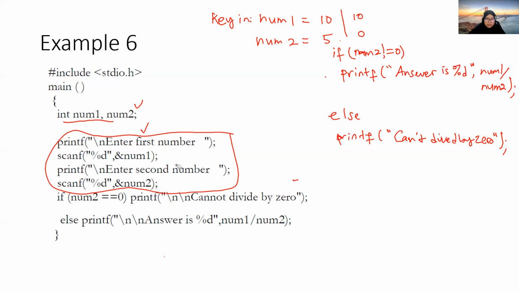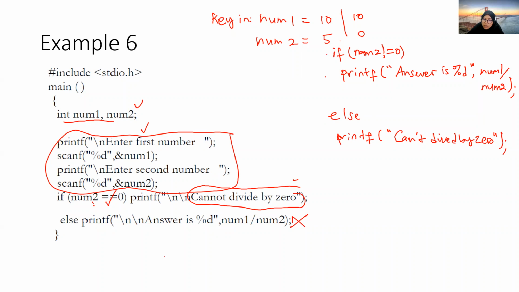Okay, let's see this one first. Num2 is equal to 0. Now this statement is met. So this is true. Yes, because num2 is 0. So the message is this: cannot divide by 0. So the output is going to be cannot divide by 0. And this one is not going to be evaluated at all.